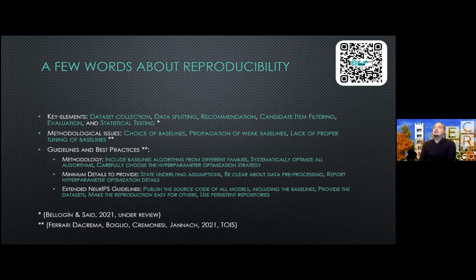Moreover, they suggest paying attention to the way we filter the candidate items, because based on the different tasks, we can choose to set the candidate items as the unknown items for the user, or as the training set or as the test set. So it depends on the evaluation protocol.